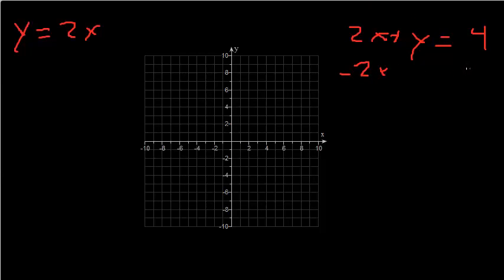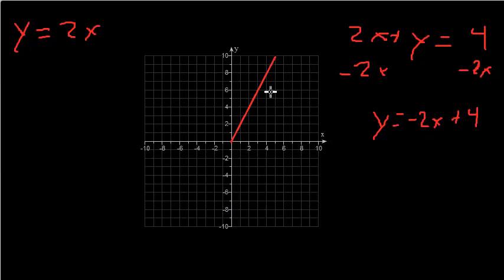I'm going to subtract 2x from both sides, and so I have y is equal to negative 2x plus 4. Now I'll go ahead and graph both of these. This first equation has an intercept of 0, 0, and then I go up 2 and to the right 2 to get my next point. If I carry that on, it goes up like this.